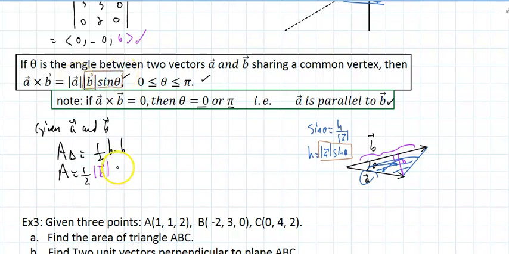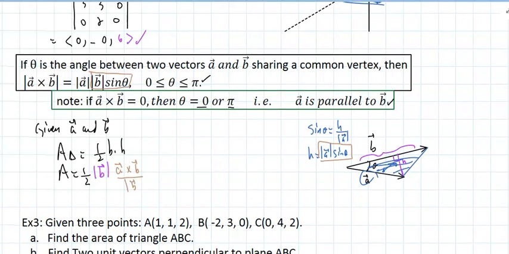Wouldn't that be vector A cross B divided by the magnitude of B? Actually, I messed up slightly, I apologize. This is really the magnitude of the cross product. And what do you notice? Those cancel out. So what do I get out of this? I'll get the area of the triangle is 1/2 the cross product.